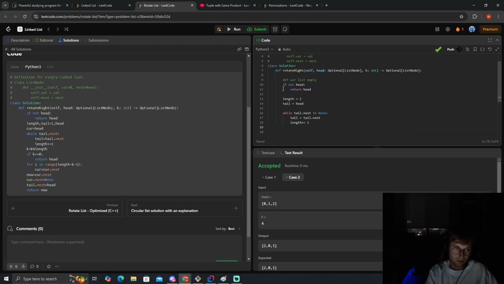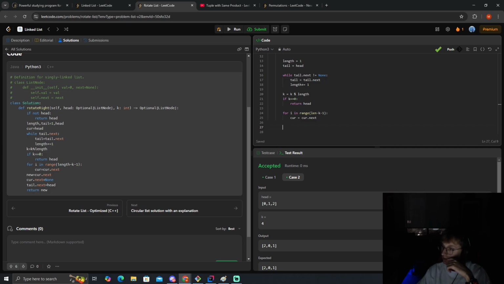Okay, k is equal to k percent length. If k is equal to 0, return head. For i in range length minus k minus 1, cur is equal to cur.next. Okay, this is exactly what I did.